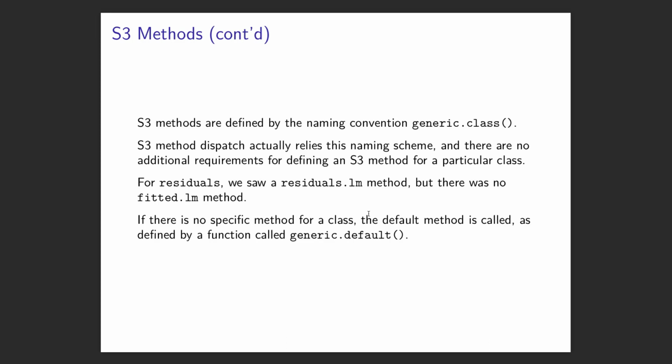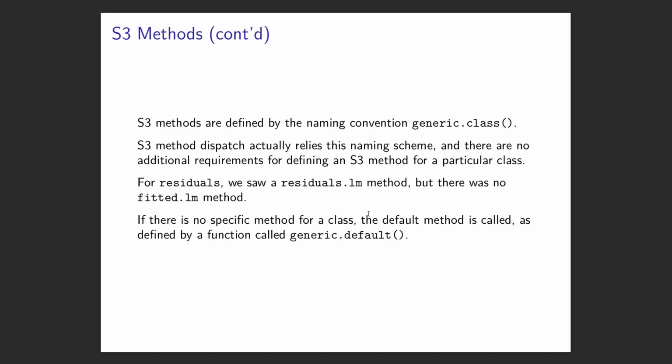S3 method dispatch relies on this naming scheme to figure out what function to call. There are no real additional requirements for defining an S3 method for a particular class. There are some specific things you have to do for exporting them in your namespace in a package, but for just creating an S3 method, there's no real thing you need to do besides following this naming scheme, assuming an appropriate generic function exists.